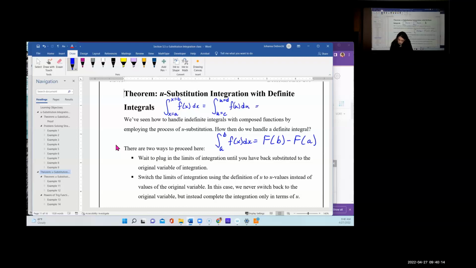And then when we plug them in, we have some antiderivative function, and we're plugging in d minus c, where G and F are essentially the same function, but with different variables in it. F would be the antiderivative function with x as the variable. G is the same antiderivative function, but with u as the variable.